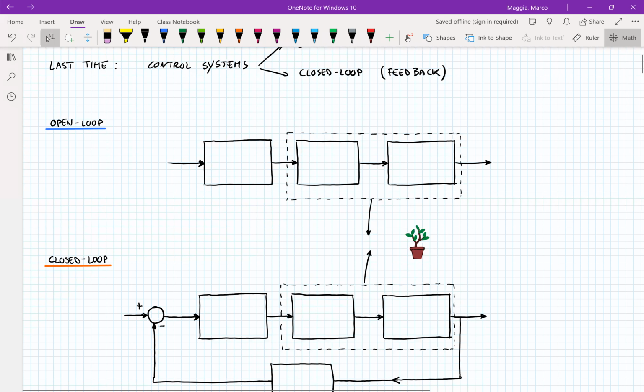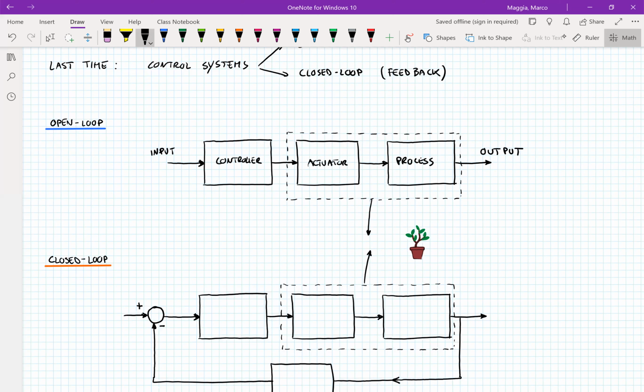If we take a look at the open loop and the closed loop control systems from the block diagram perspective, well, starting with the open loop control system, we have the input is fed into the controller, and then the control input is fed into the actuator, which then sends the signal to the process, and eventually we have the behavior of the system in the output.